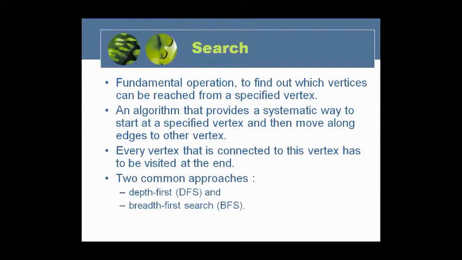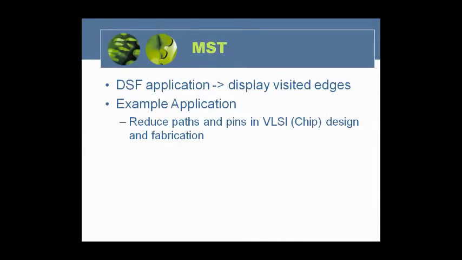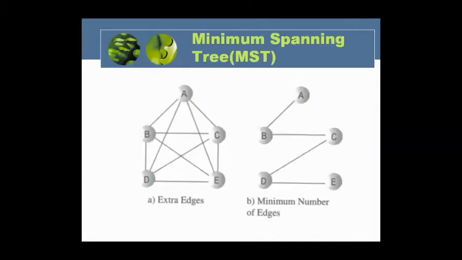breadth first search. For the depth first search application, we display visited edges. For example, reduce paths and pins in VLSI. VLSI means very large scale integrated design and fabrication.